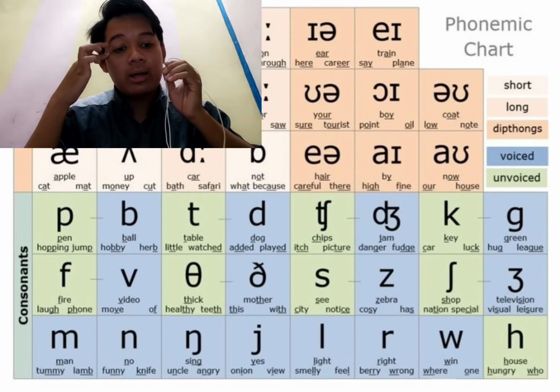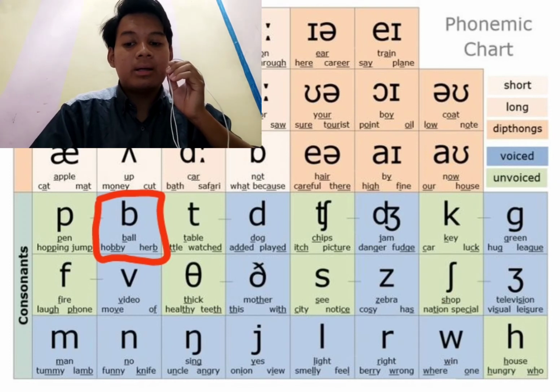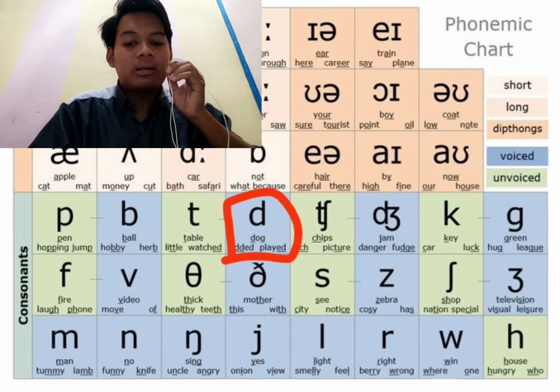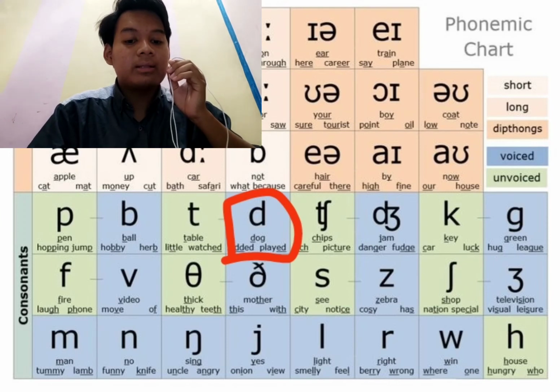And for the voiced consonants there are 15 sounds. At first there is p. For example: ball, hoppy. And next, d. For example: dog, play. And next, j.